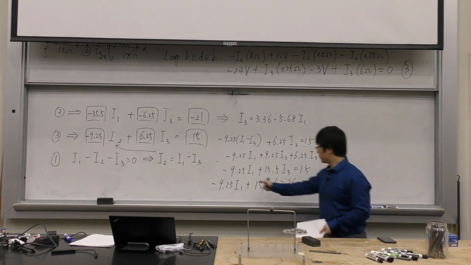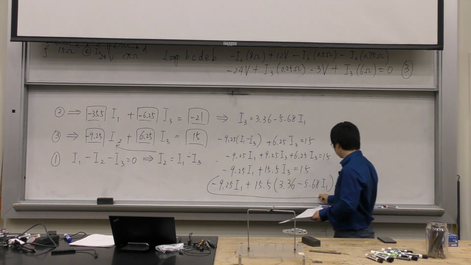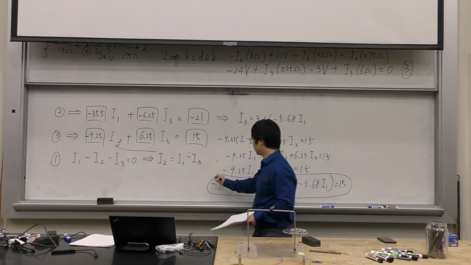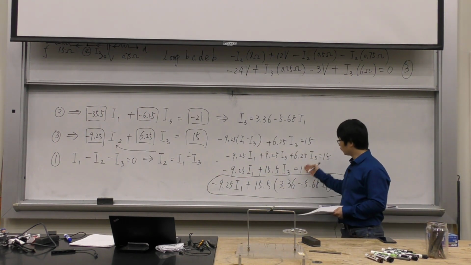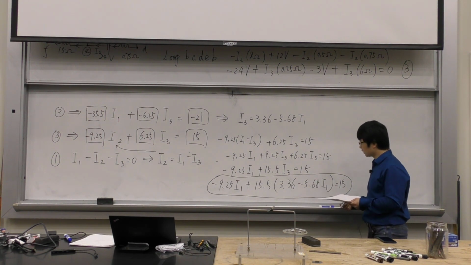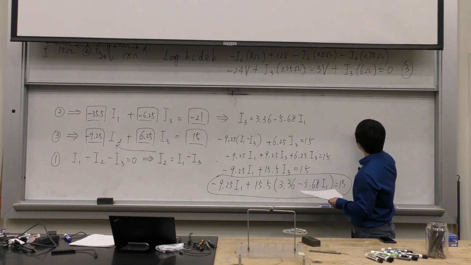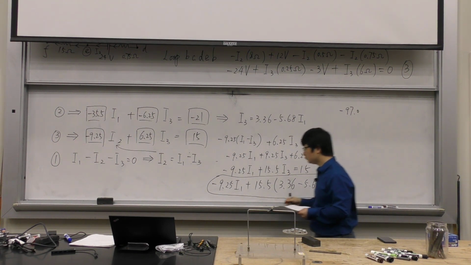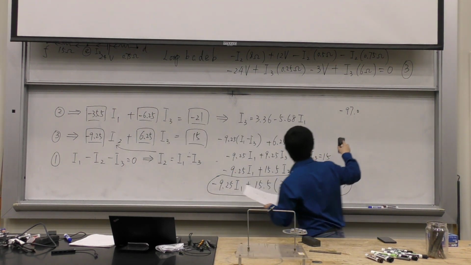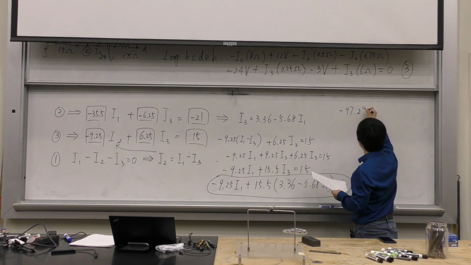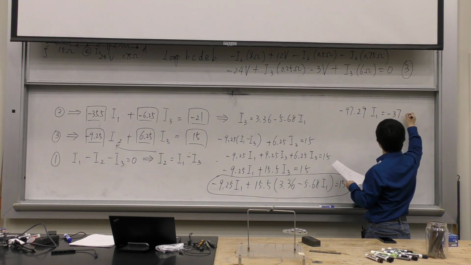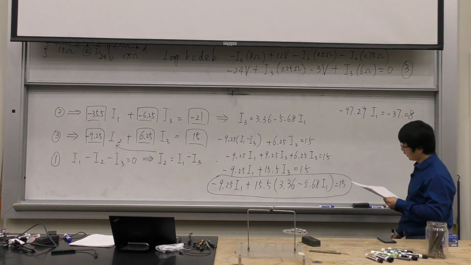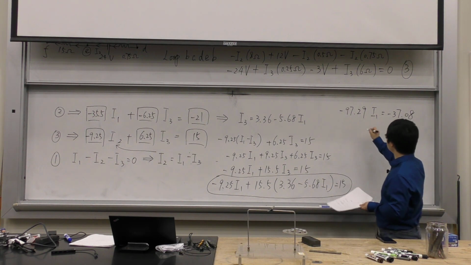Now you see that this equation only has I1 in it, because I did substitution. Now you distribute this, you put all the I1s together, all the numbers together. At the end, I get negative 97.29 I1 equals negative 37.08. Now you can divide both sides to get I1.